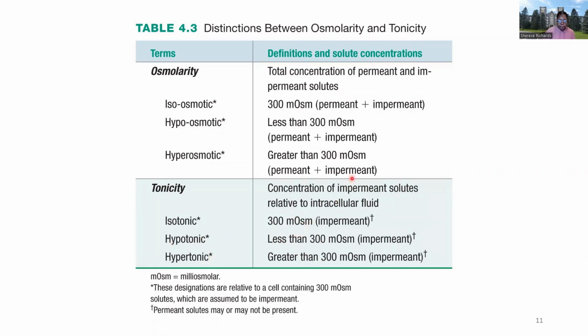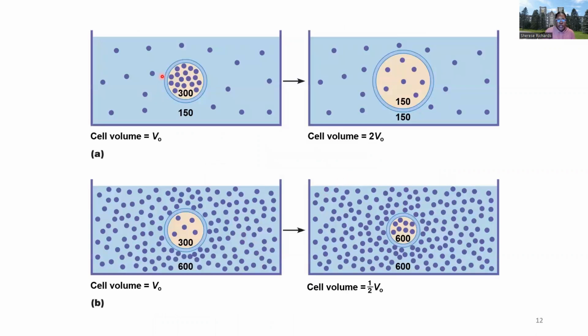All right. So if we look at these two scenarios, just to practice applying this, we've got 300 milliosmoles on the inside of this solution, 150 on the outside. As water begins to move according to its concentration gradient, we're going to have water move in what direction?